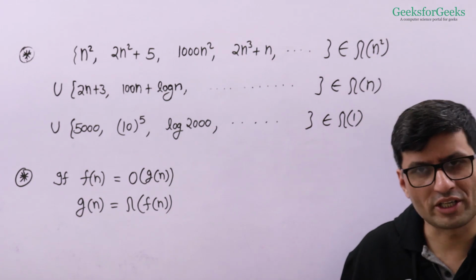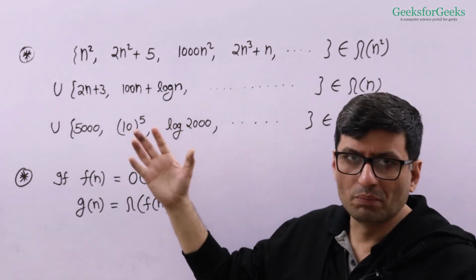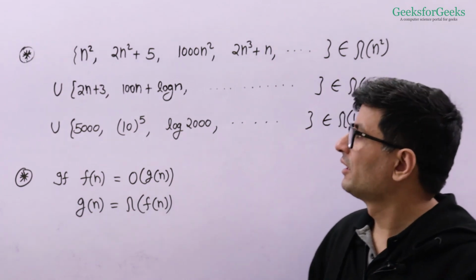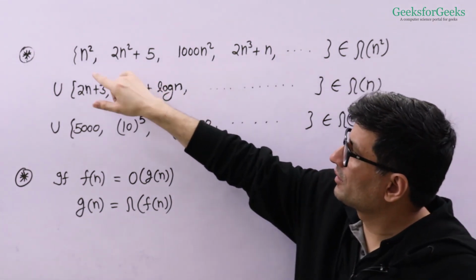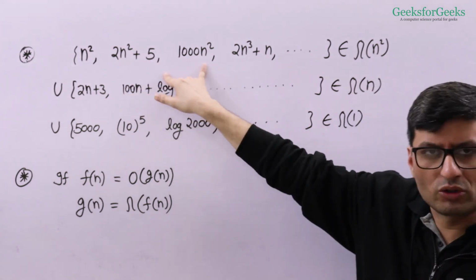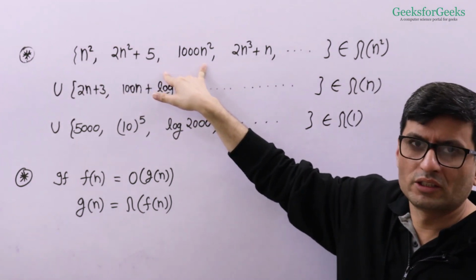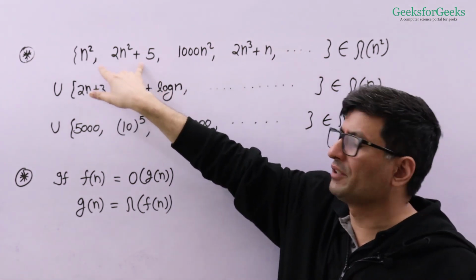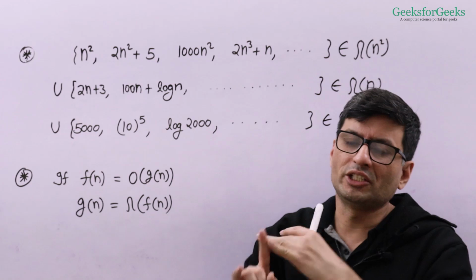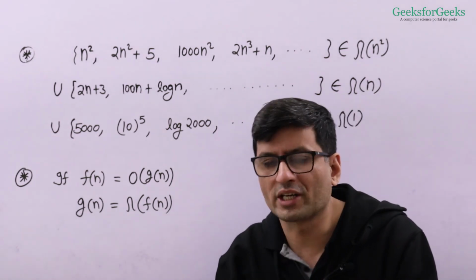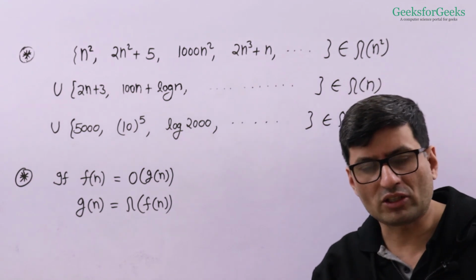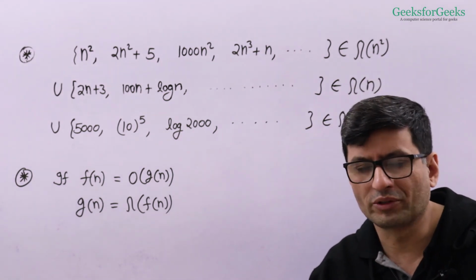Let's now see more interesting facts, and these are similar to the big O notation facts that we discussed. If you see these terms, these three terms have exact order of growth as n square. So we can say the value of these terms is big O of n square, theta of n square, and big omega n square also. See, exact order of growth is covered by all the notations.